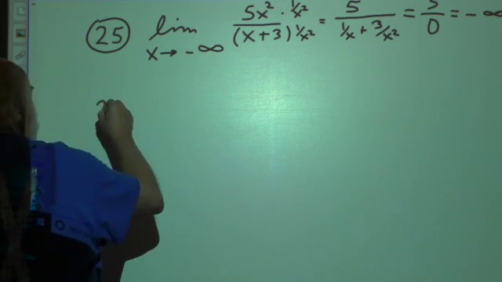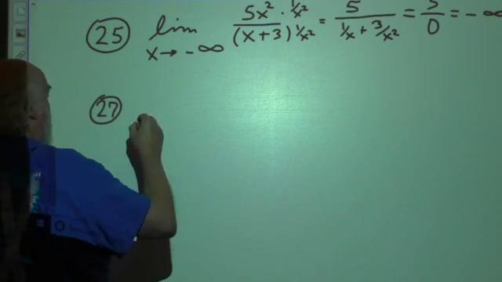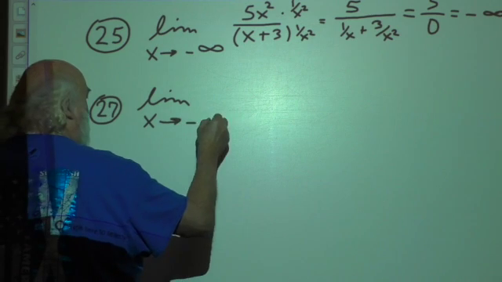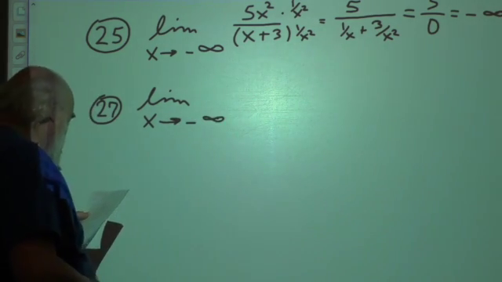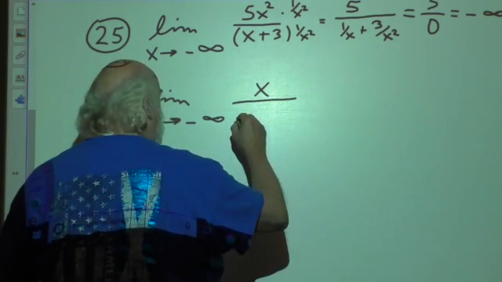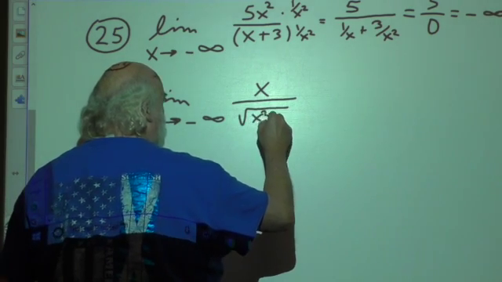27. This is a good problem. So we have the limit as x approaches negative infinity. The value for this is x over the square root of x squared minus x.